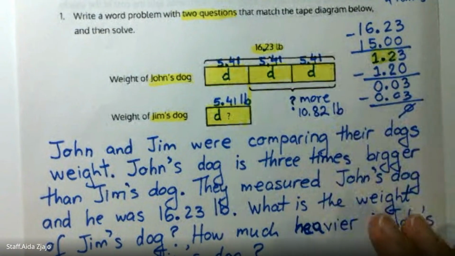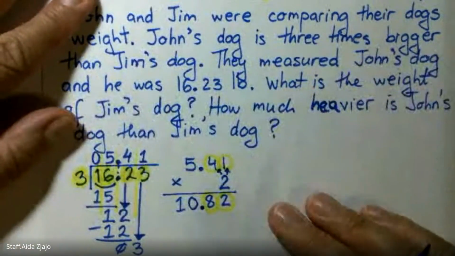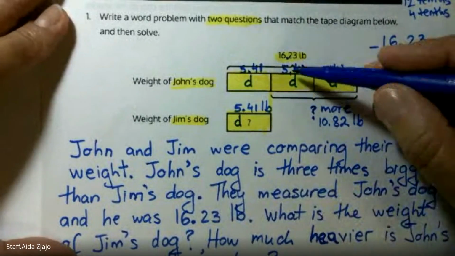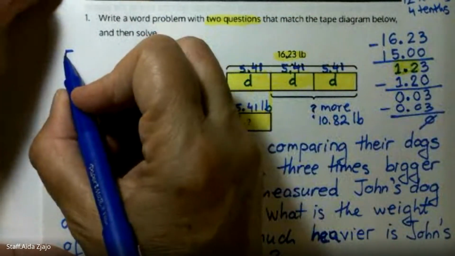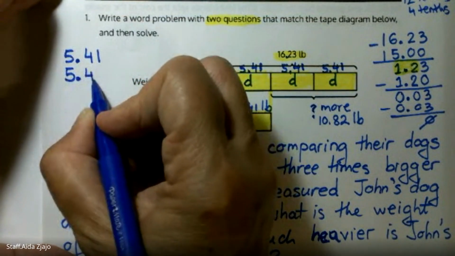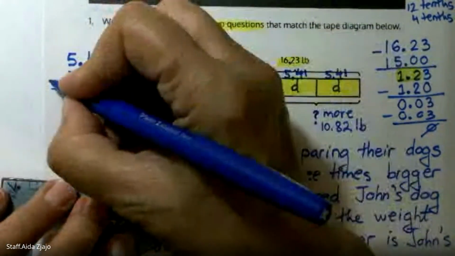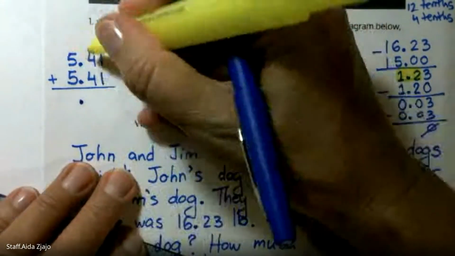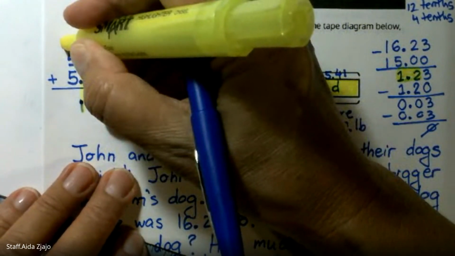pounds. And then also, if you do not want to use the standard algorithm, if you want to do some logical thinking, you can say, okay, all I need is to add these two. So I'm going to do it on the side, 5.41 and 5.41. You need to line up the decimals, and then you can add the hundredths, tenths, and ones.